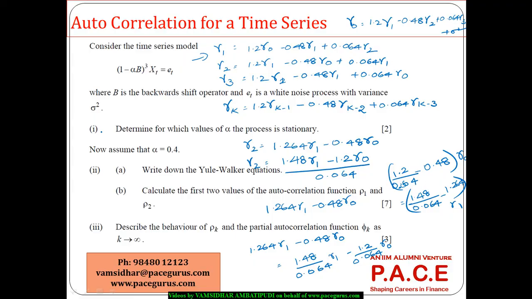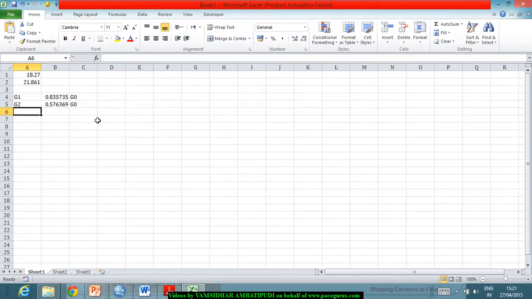So based on this, now that I know this is gamma 1, this is gamma 0, I can very well divide this gamma 1 by gamma 0, which is the autocorrelation for time lag 1, this is rho 1, and similarly rho 2 also.